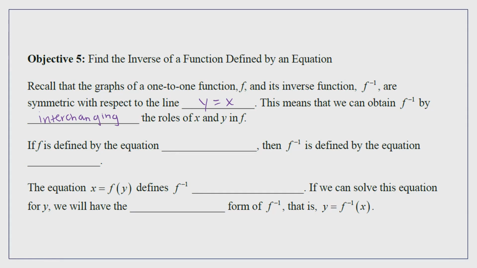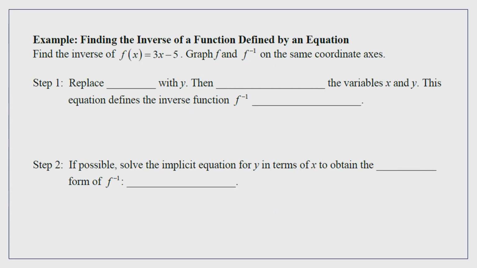If f is defined by the equation y equals f of x, then the inverse function of f is defined by the equation x equals f of y. The equation x equals f of y defines the inverse function of f implicitly. If we can solve this equation for y, we will have the explicit form of the inverse function of f. That is y equals the inverse function of f of x.